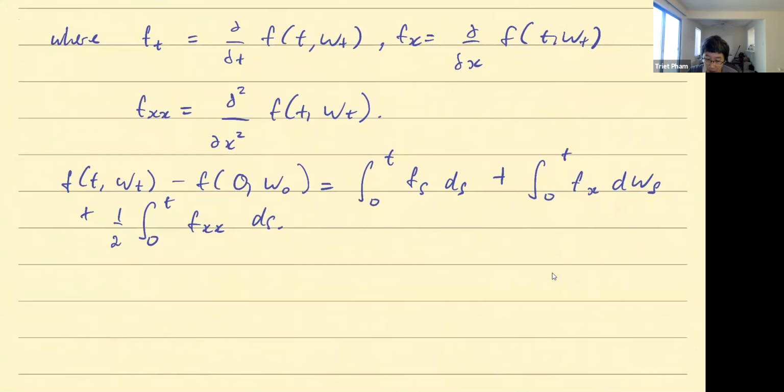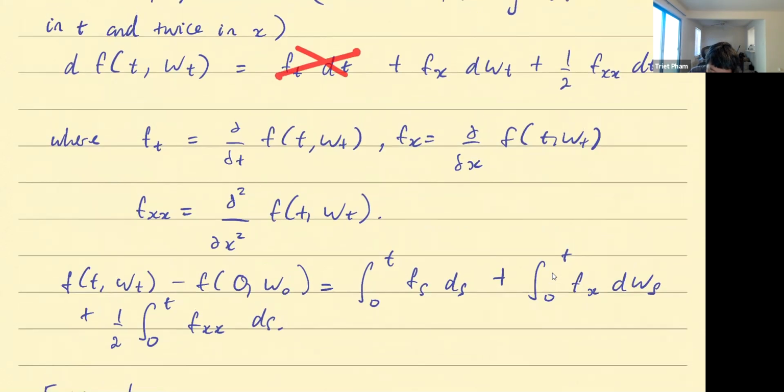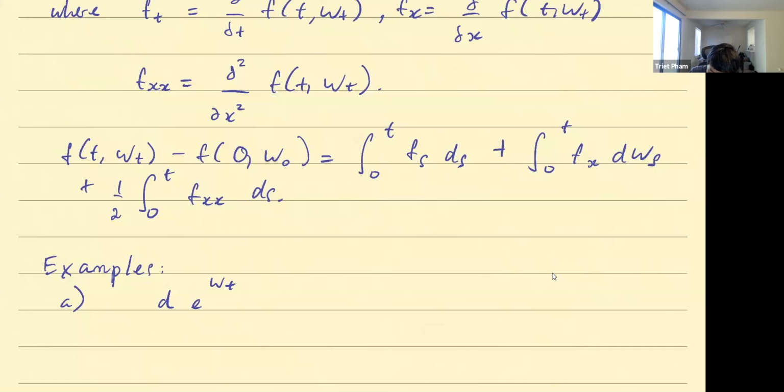And that was that. Now let's take a look at a few examples that we talked about last time, but let's do them again. So we could have something that purely depends on W_t. So this has no t dependence. In that case, we discussed that as a separate formula, but the understanding is that there's just no partial with respect to t term. So for that, we got d(e^{W_t}) = e^{W_t} dW_t + 1/2 e^{W_t} dt.